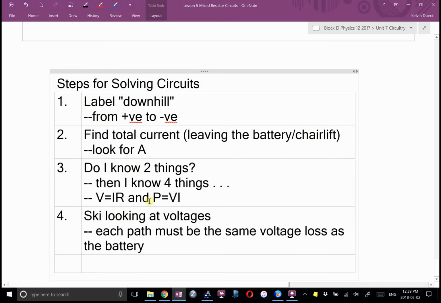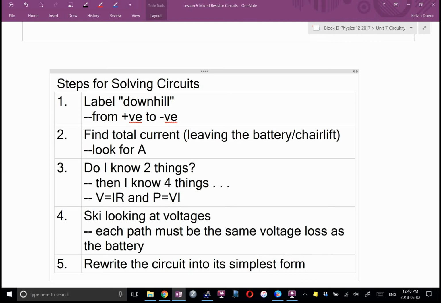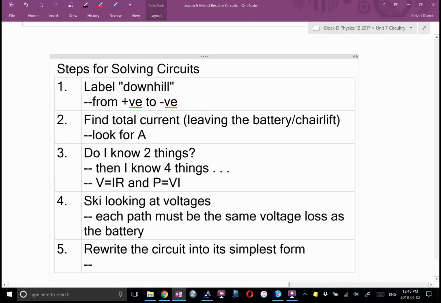If that doesn't work, step 5, rewrite the circuit into its simplest form. And then we can go, let me fix this a little bit here.